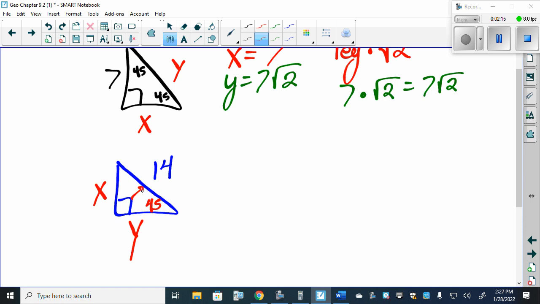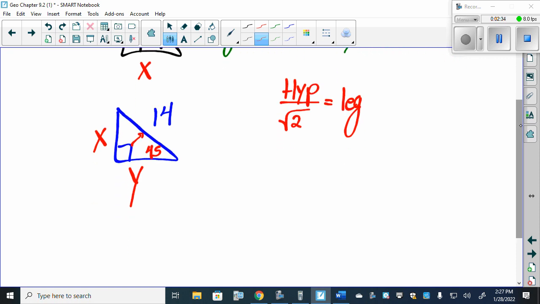And if we're given the hypotenuse, we can find the leg by dividing the hypotenuse by the square root of 2, and this will give us the length of the legs. So in this case, we have the hypotenuse as being 14, and we can divide it by the square root of 2 to find out what the legs are.